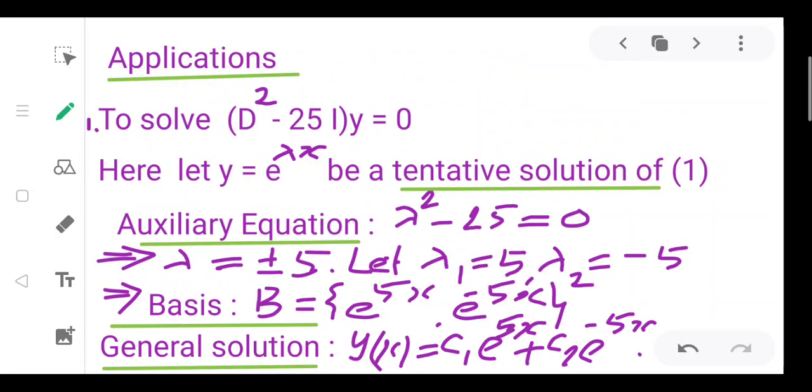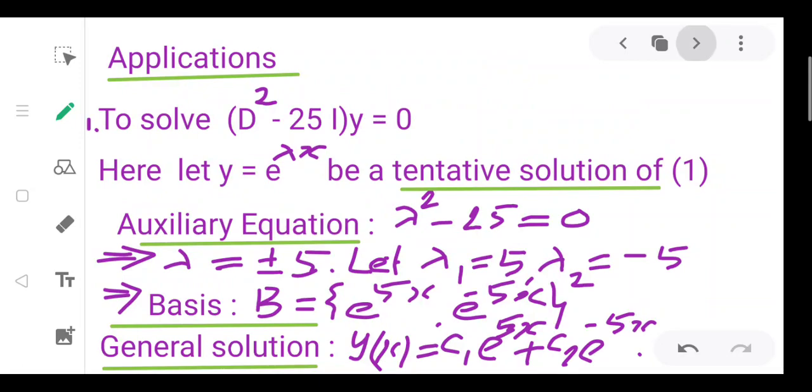Now if the tentative solution is y equal to e raised to mx, what will be the corresponding auxiliary equation? m square minus 25 equal to 0. So the variable in the auxiliary equation depends on our tentative solution. Here y equal to e raised to lambda x is the tentative solution, therefore the corresponding auxiliary equation will be lambda square minus 25 equal to 0.